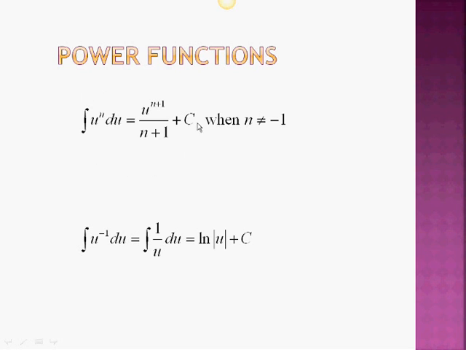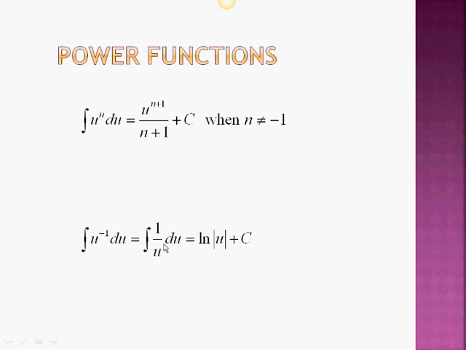The only time that works is when n is not equal to -1, because if n is equal to -1, then 1 over u, which is u to the negative first, is the derivative of the natural log function.